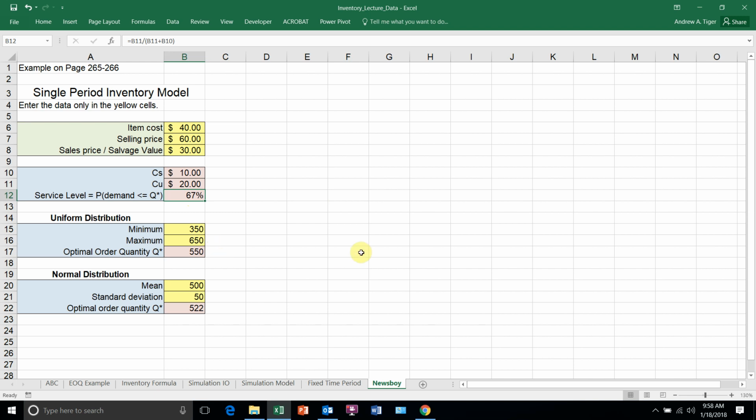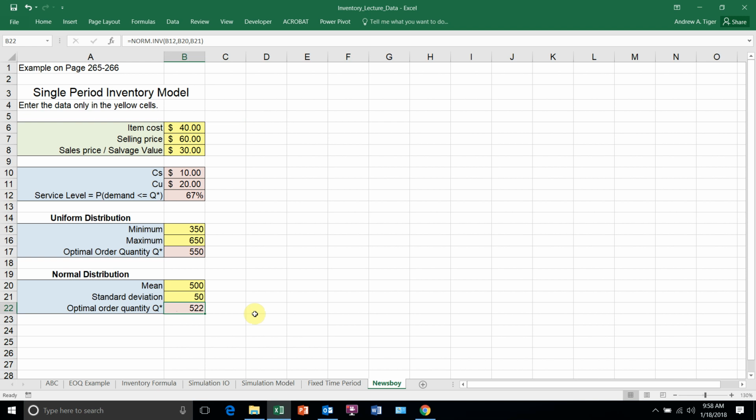So if your demand pattern is normally distributed, and you can use histograms to identify that, if your demand is centered at 500 with a standard deviation of 50, then what your optimal order quantity should be is you put in your service level as your first argument, then you put in your mean and your standard deviation, and that tells you how many swimsuits you should buy.